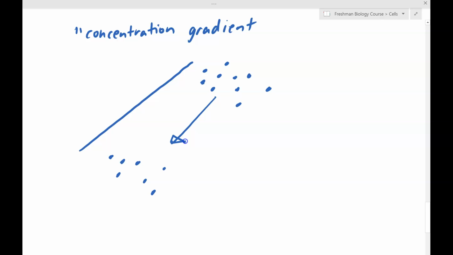If one of my students is sitting at the top of the steps and I push him down the steps, probably not a good idea, but it would be easier for that student to go down the steps, right? It's going to be easier for that student to go down the steps than to go up the steps. And then this is the idea of where energy, or ATP, come into play.